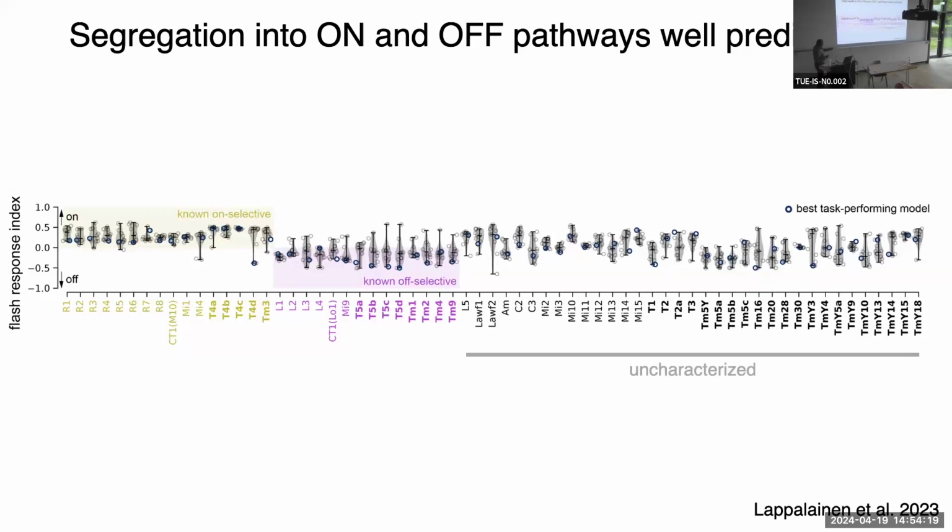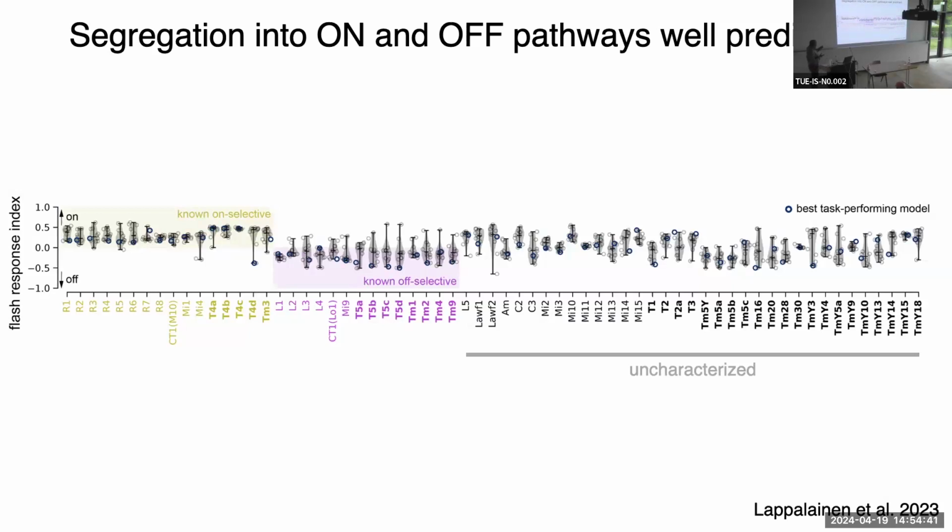But the cell types that have been characterized, even though they've been done in different labs, some with voltage, some with calcium, these sorts of measurements we're able to predict and predict them quite accurately.